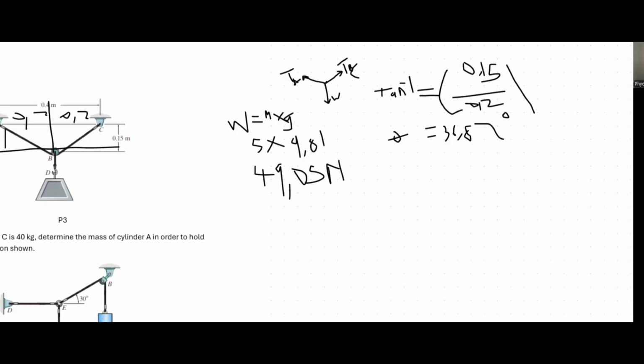So we are going to say T sine theta this side. We're going to say sum of forces in the y-axis. T sine theta plus T sine theta, this for this side and for this side, T sine theta here, T sine theta here, and then we minus the weight because we are taking forces in the y-axis.